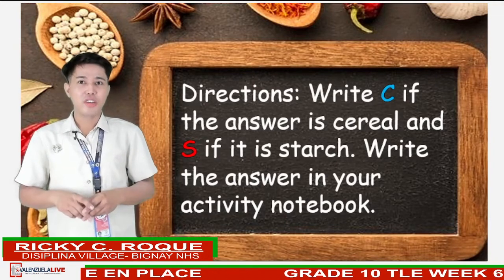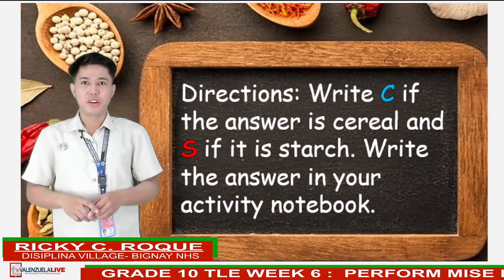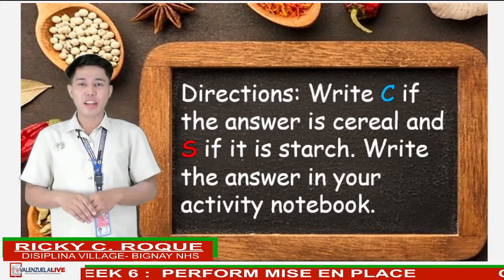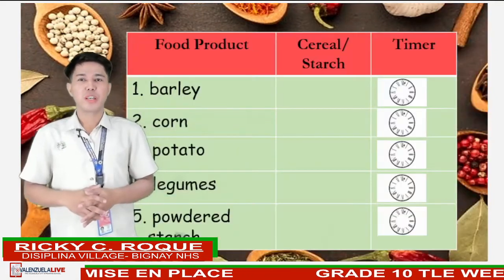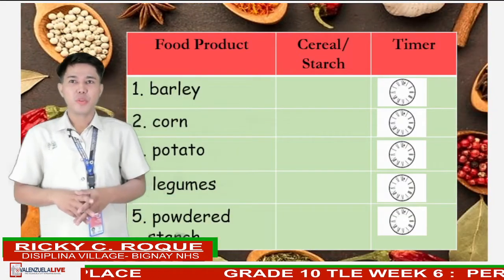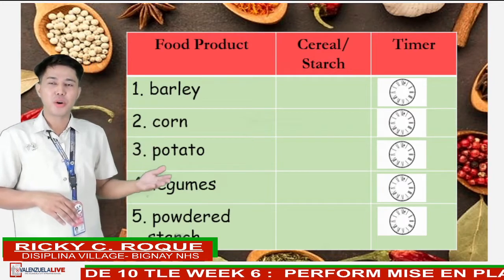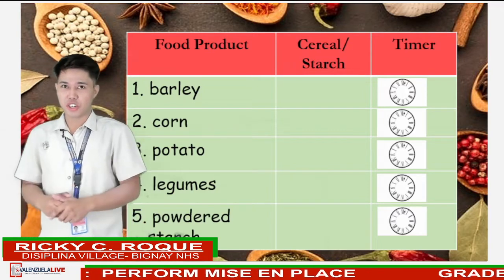Write C if the answer is cereal, and S if it is starch. Write the answer in your activity notebook. You can also type your answer in the comment section below. Okay, so we have here barley, corn, potato, legumes, and for number 5, powdered starch.